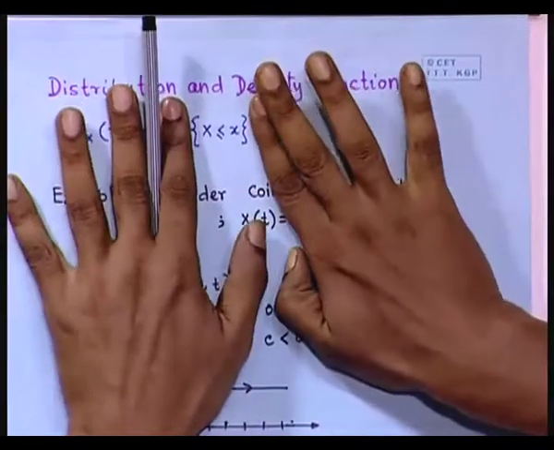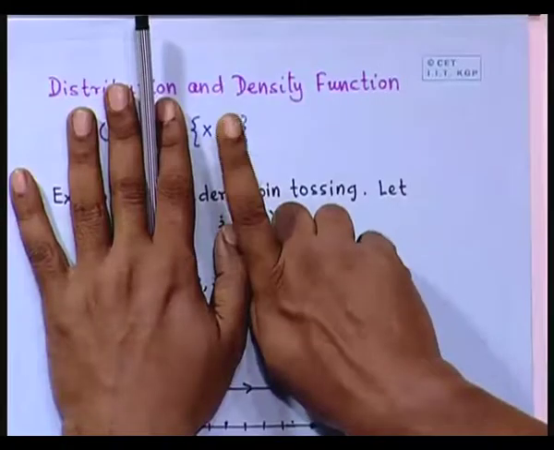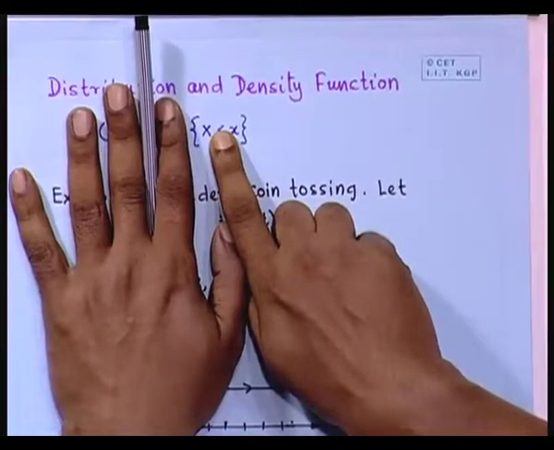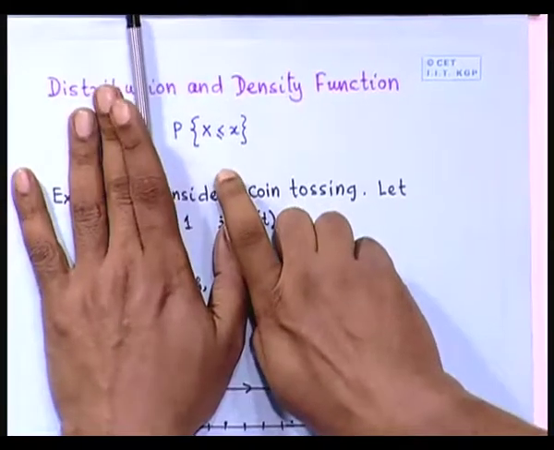The distribution function characterizes the probability that X is less than or equal to x. Without this, it is just the set of outcomes, as we have noted. Whenever you have a set of outcomes, you can assign a probability to that set of outcomes. Basically this is like an event, because it is a set of outcomes. All sets of outcomes are events. So now we can talk about the probability of the event.